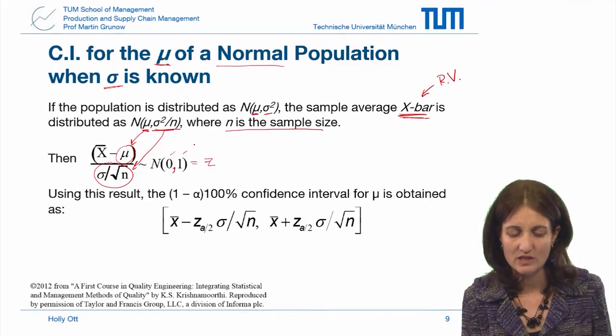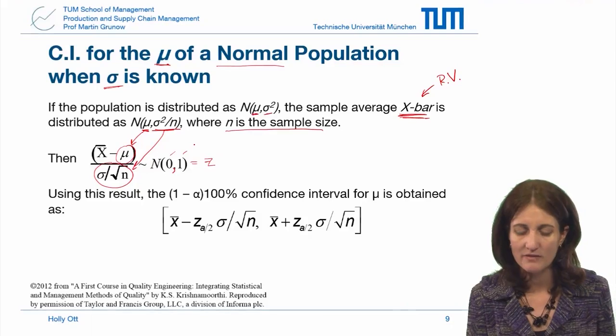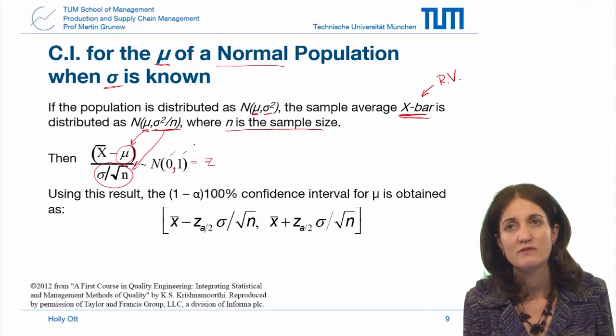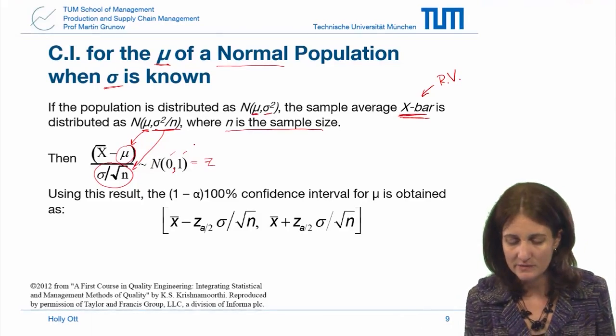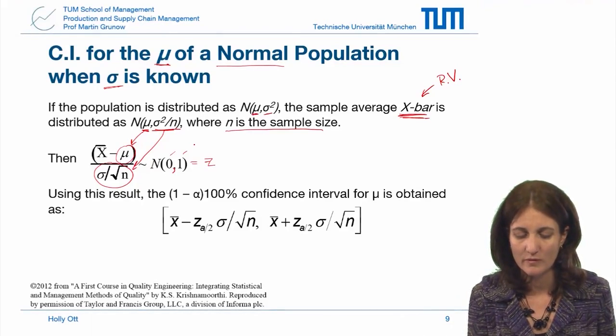So using this result, the 1 minus alpha 100% confidence interval for mu is obtained according to the following formula.